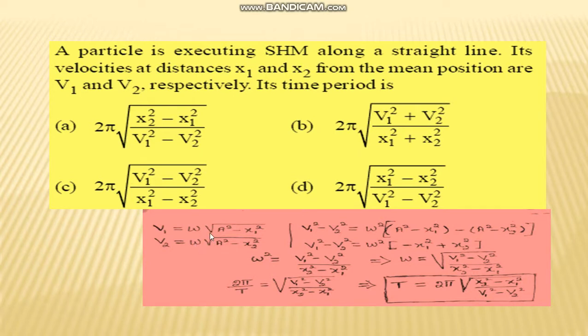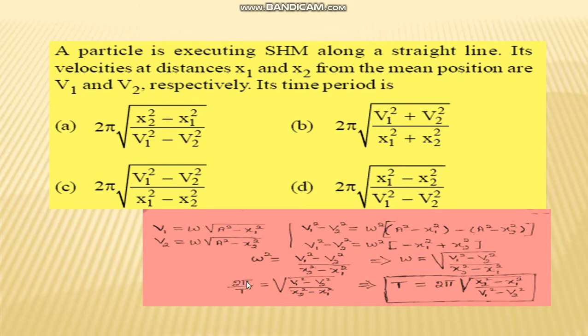Just subtract equation 1 minus equation 2, squaring both sides. v1 square minus v2 square, when we simplify this, we get omega square is equal to v1 square minus v2 square divided by x2 square minus x1 square, and omega is equal to the square root of that.